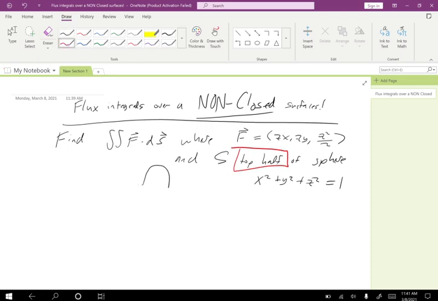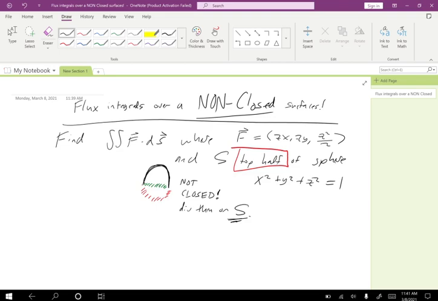Notice the top half does not include the bottom half, and it also does not include the plane connecting these bottom points. We're literally just doing this top half, so it's not closed. So we cannot use the divergence theorem on S.